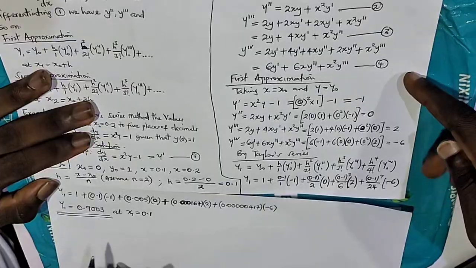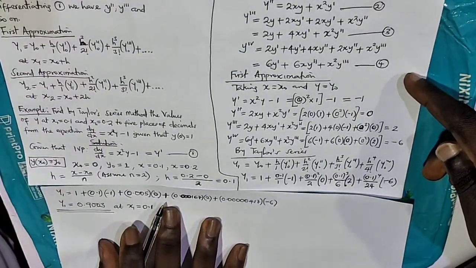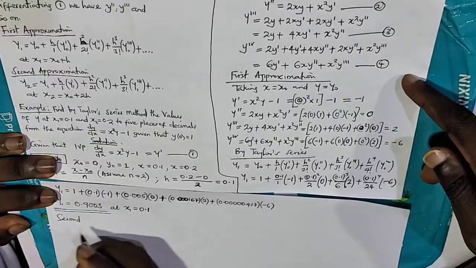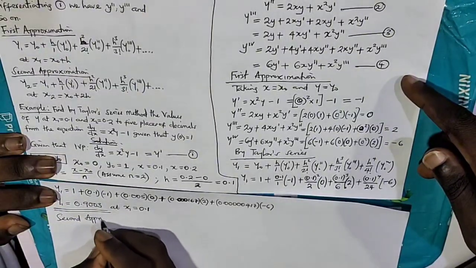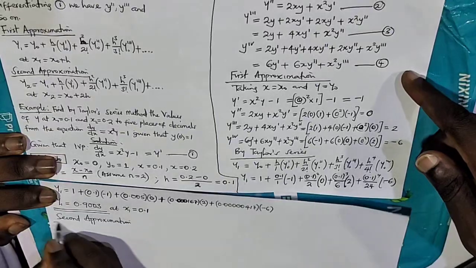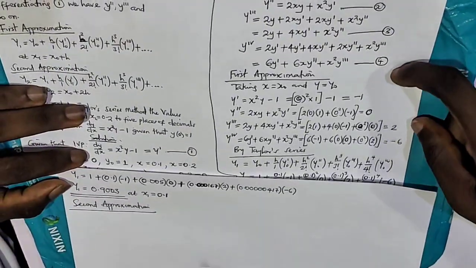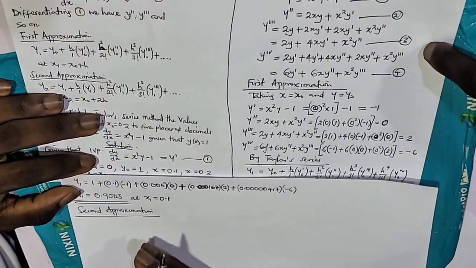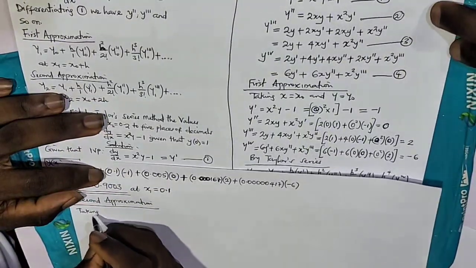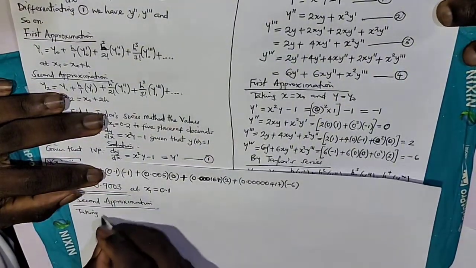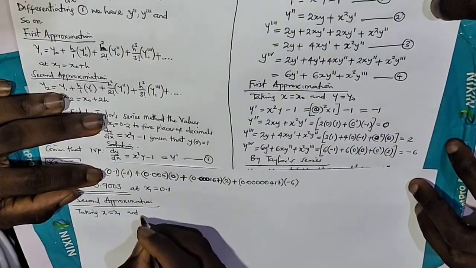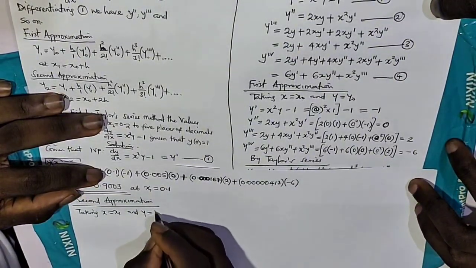It's very easy. What we just need to do next is our second approximation, which is very easy. We have to follow the same principle as well, taking our x to be x1 and our y to be y1.